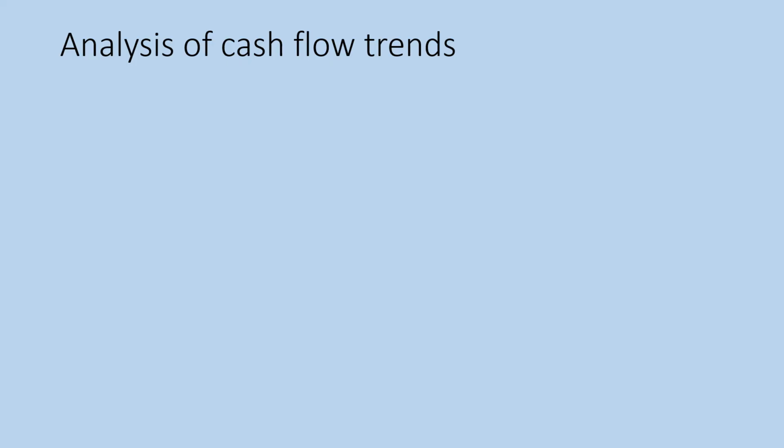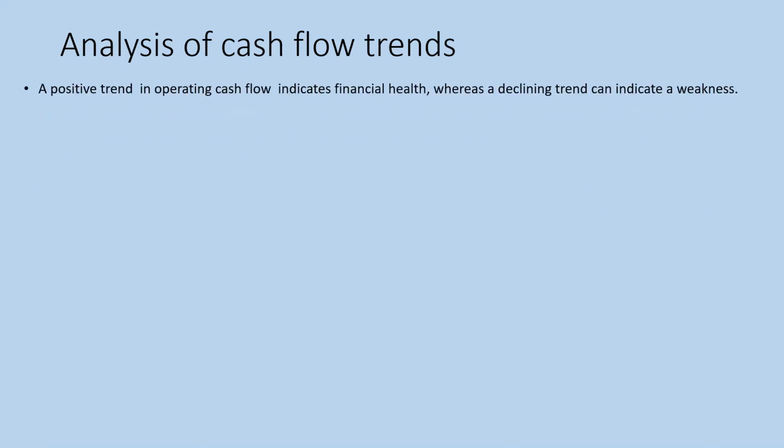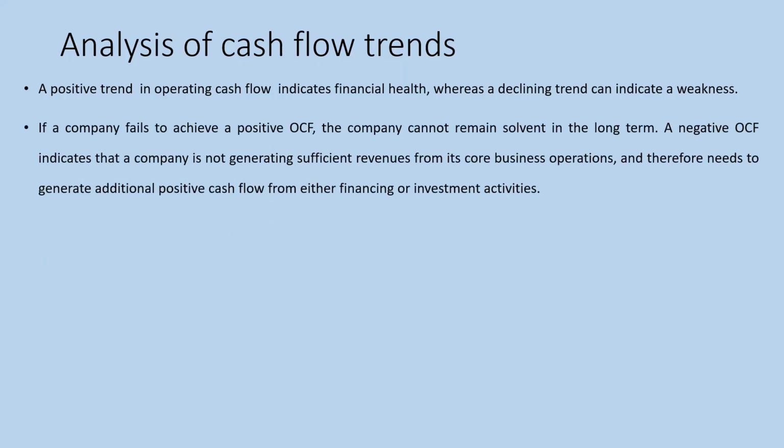Now let's see how we are going to analyze the cash flow trends. A positive trend in operating cash flow indicates financial health, whereas a declining trend can indicate a weakness. If a company fails to achieve a positive operating cash flow, the company cannot remain solvent in the long term.